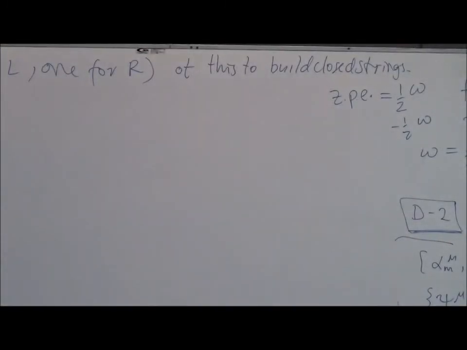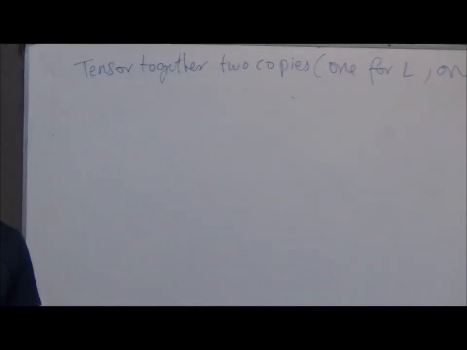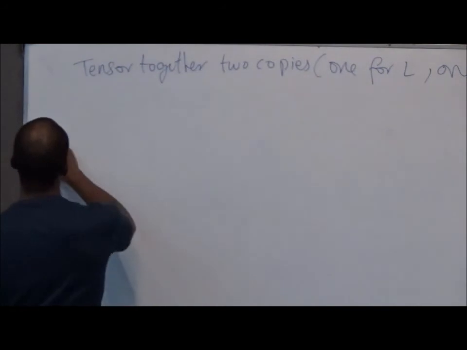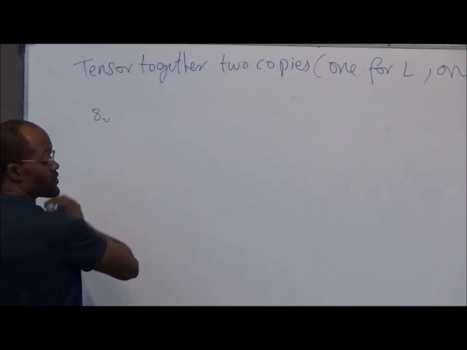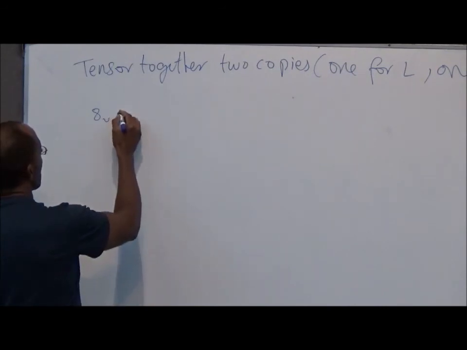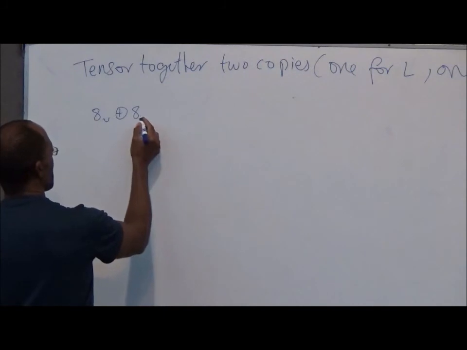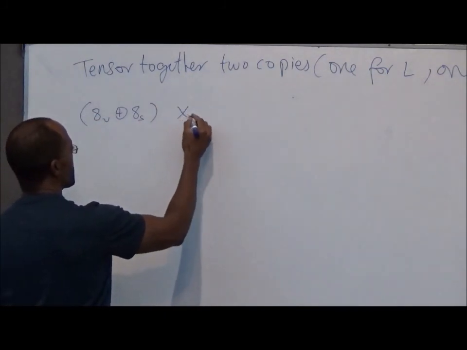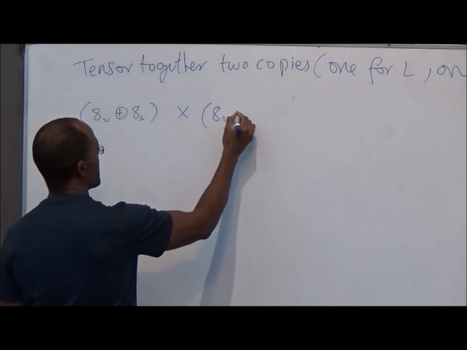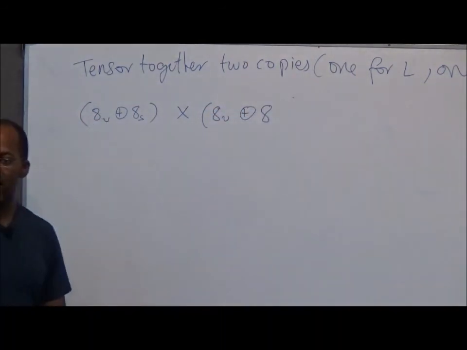Basically this becomes an exercise in how many ways I can write 8 times 8, really, in simple terms. So basically I have the 8 vector, and I have the 8 spinor, okay? And now I multiply this by 8 vector. Now I have a choice, right?